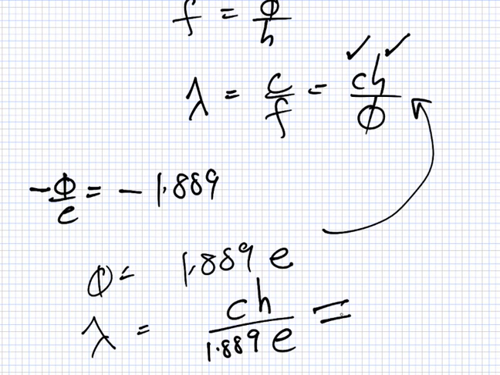There's only one e, the electron. So, 6 point what? So 657 nanometers.